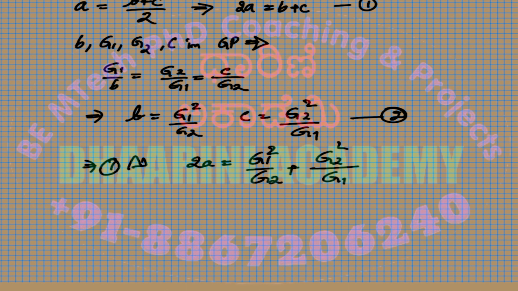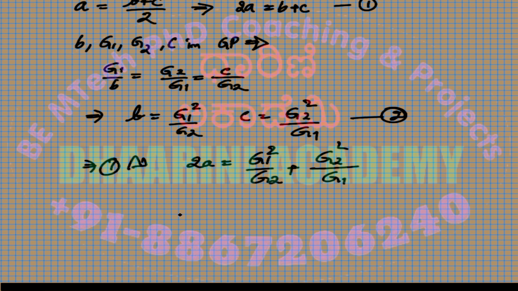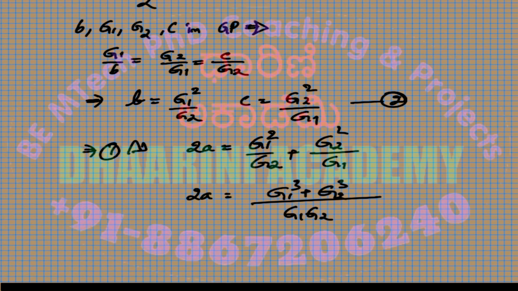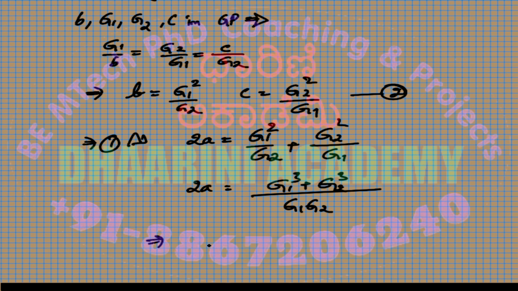Therefore, 2A is equal to, take a common denominator. I have denominator G1 into G2. Numerator G1 square into G1 is G1 cube plus G2 square into G2 is G2 cube. So we are getting the terms which we want. This implies G1 cube plus G2 cube should be equal to 2A G1 G2.